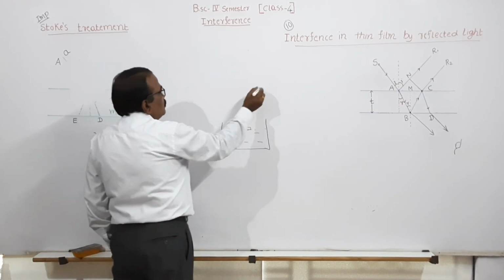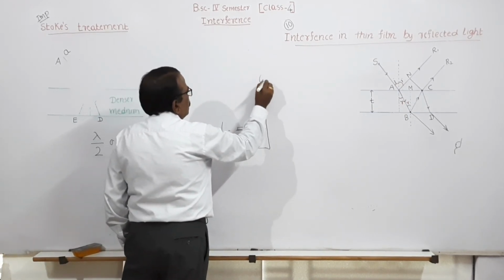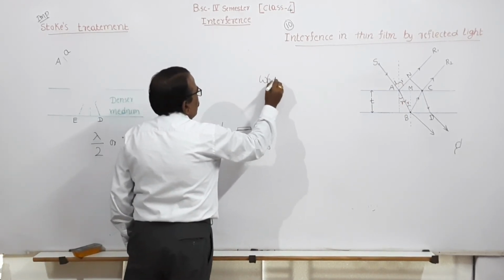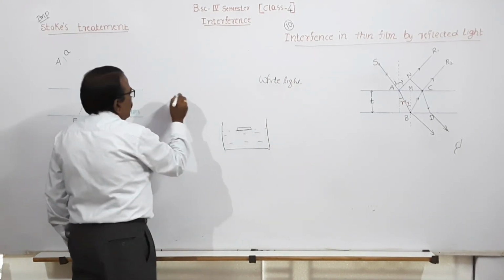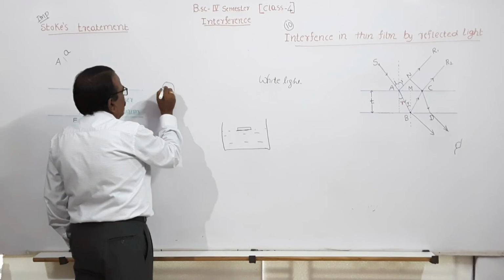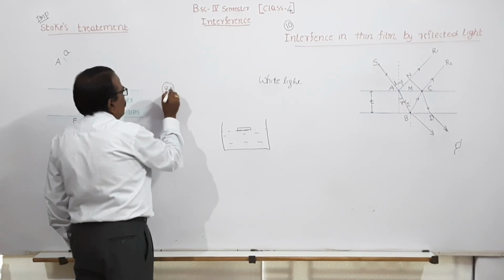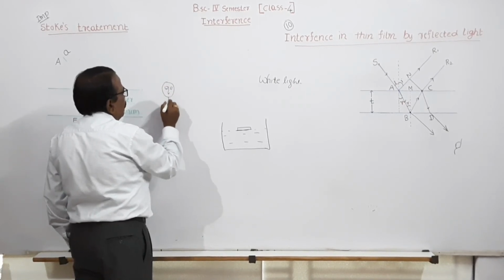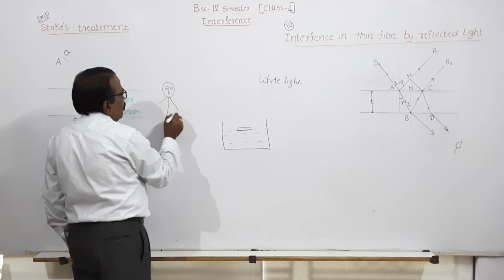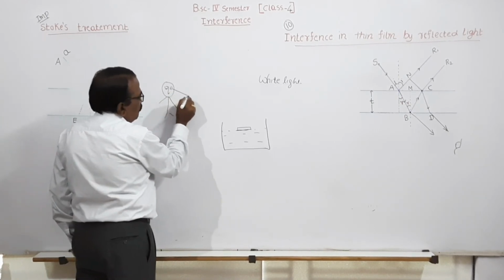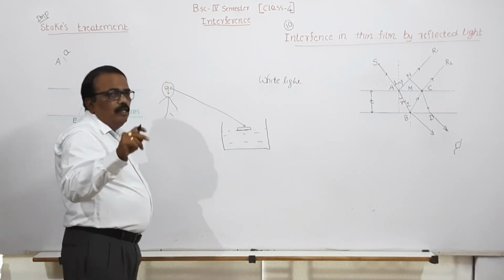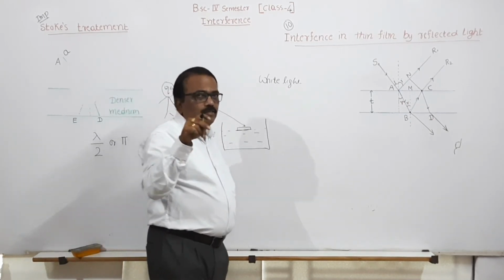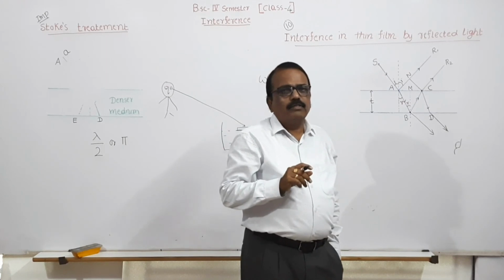Then if this is illuminated by white light, and an observer from one point observes the surface of this thin film, he finds colored rings on the surface.